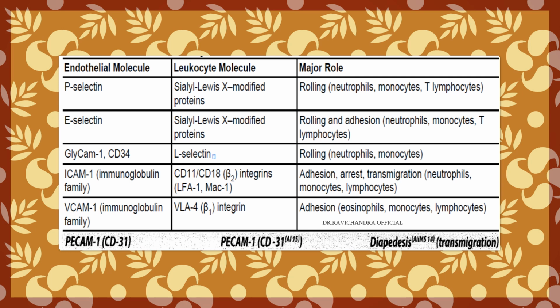Remember, VCAM1 and beta 1 integrin help in adhesion of eosinophils, monocytes, and lymphocytes. ICAM1 and beta 2 integrins help in adhesion of the neutrophils, monocytes, and lymphocytes. PCAM1 is also known as CD31, and there will be transmigration of the leukocytes called diapedesis.